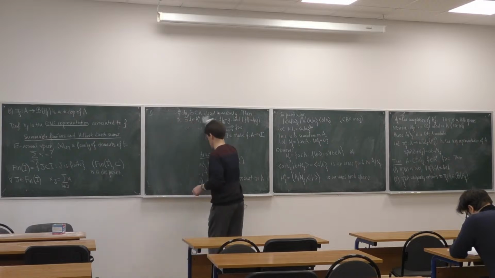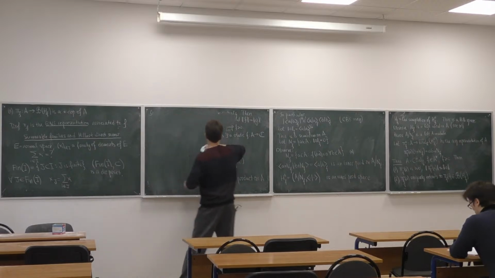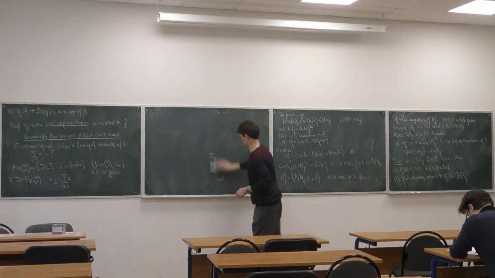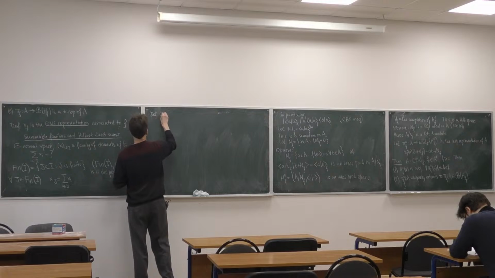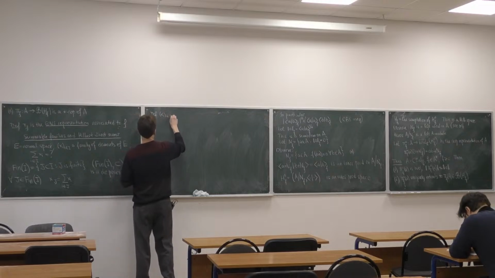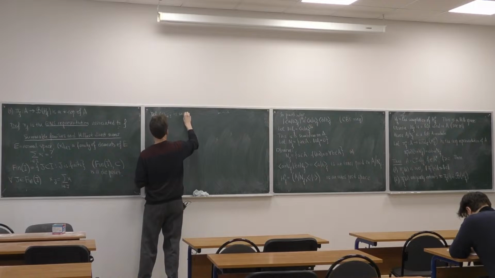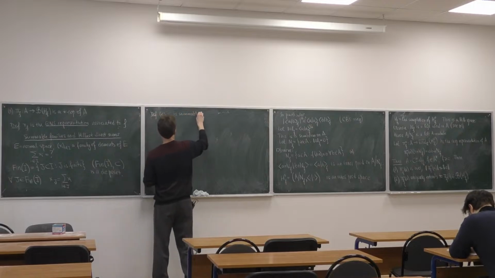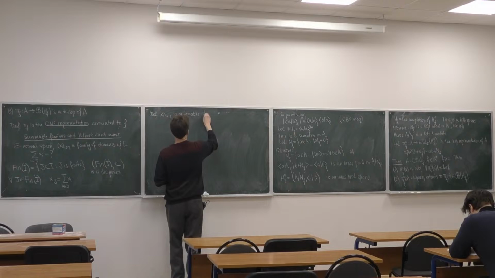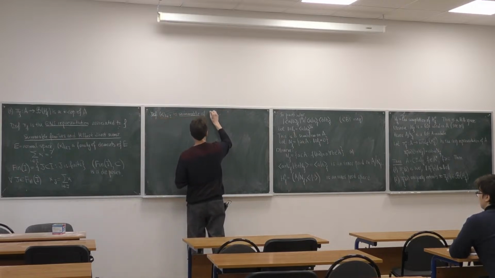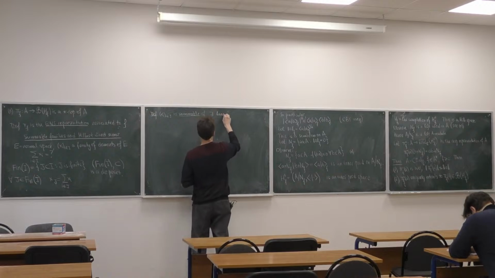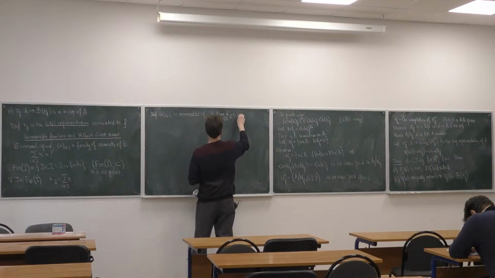And now we come to the following definition. We say that our family Xi is summable if this net has a limit.